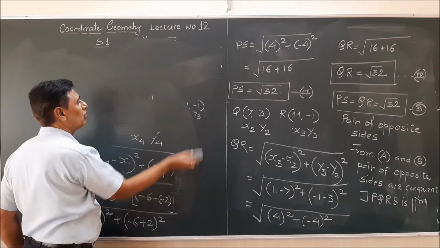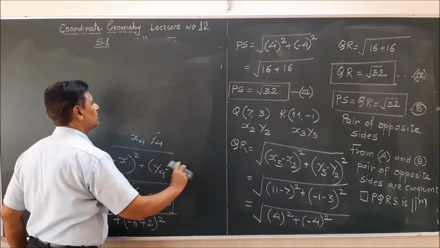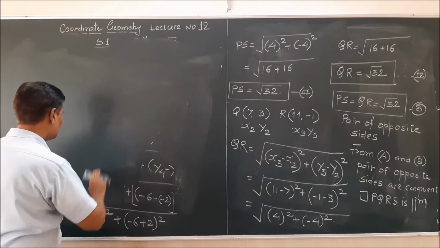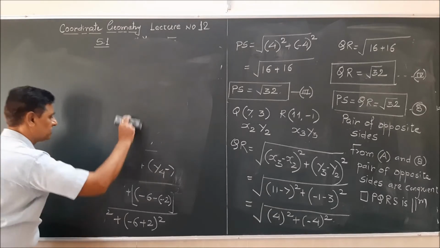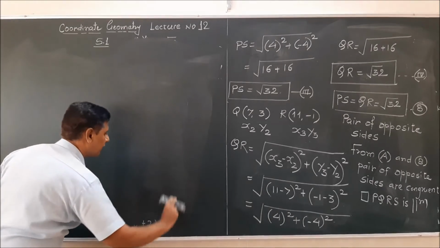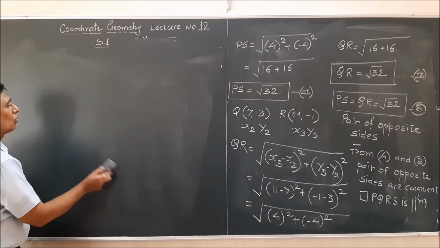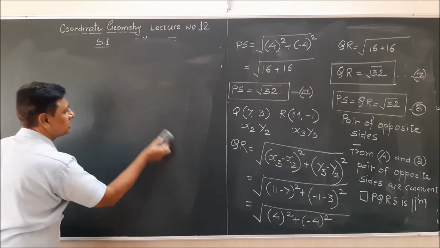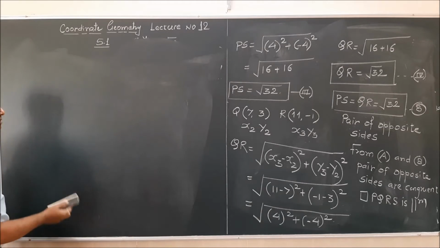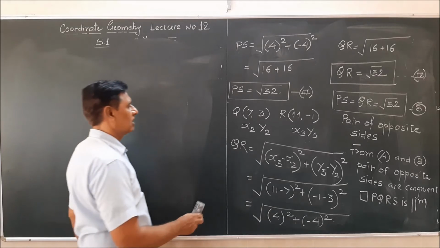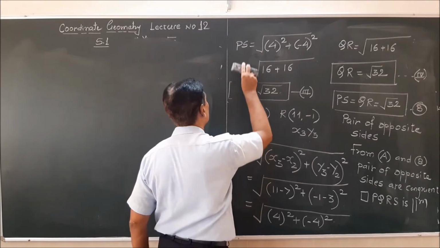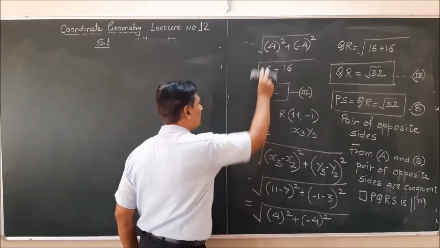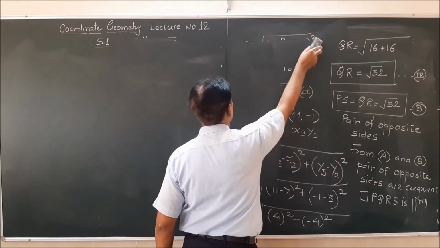Whenever we have to prove a quadrilateral is a rhombus, we need to prove all sides of the quadrilateral are congruent. In the previous sum, you may think that quadrilateral PQRS may be a parallelogram as well as it can be a rectangle. Very important.